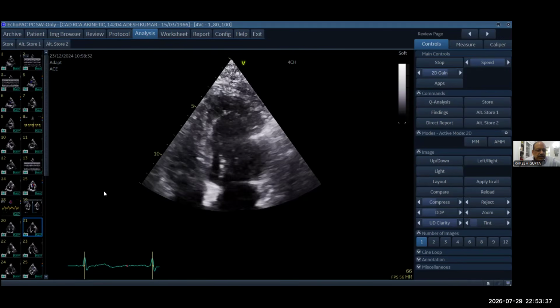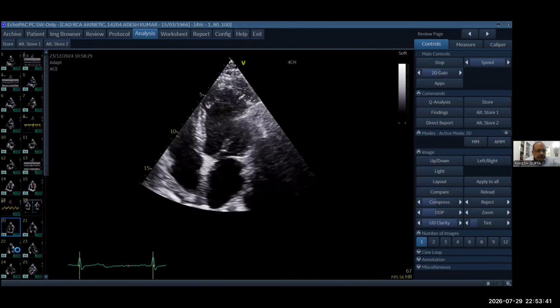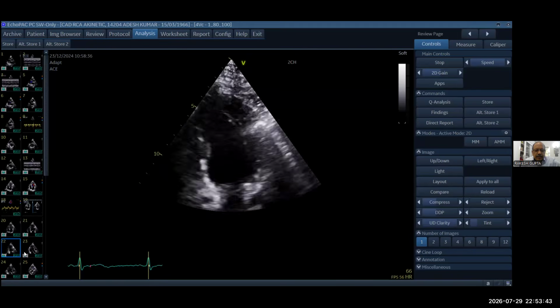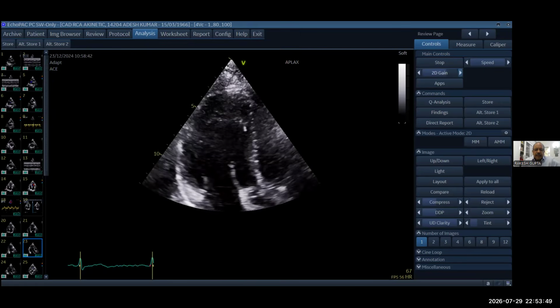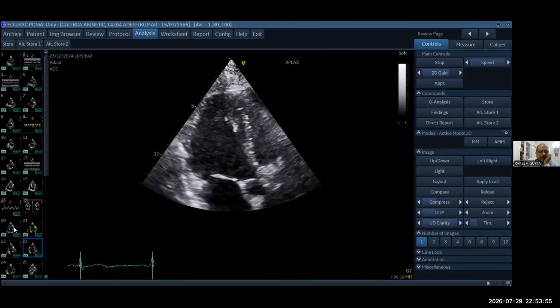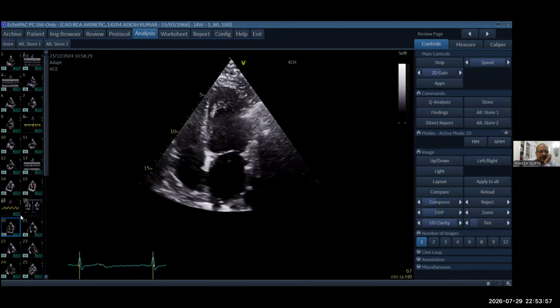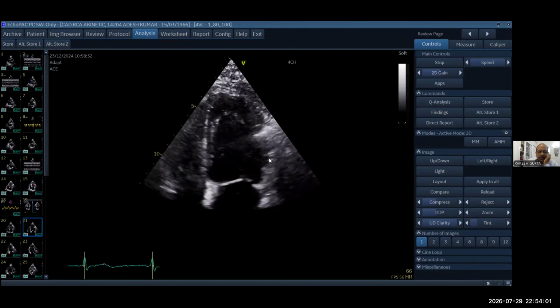All right. Now you can identify. So the mid and basal posterior wall. And here was the mid and basal lateral wall, which was hypokinetic.